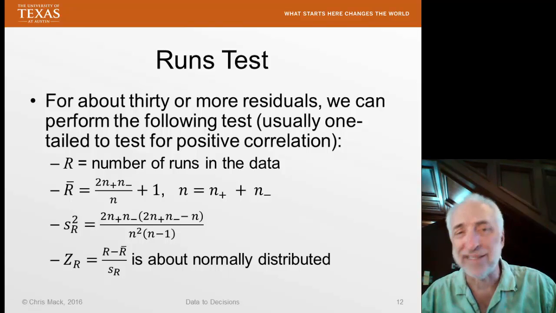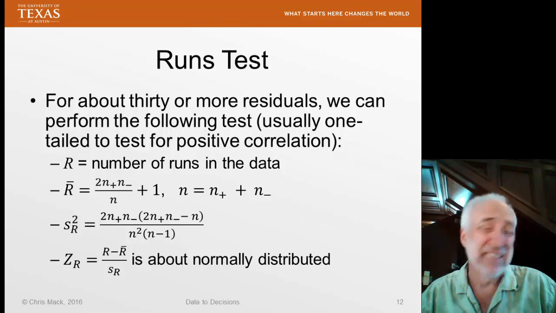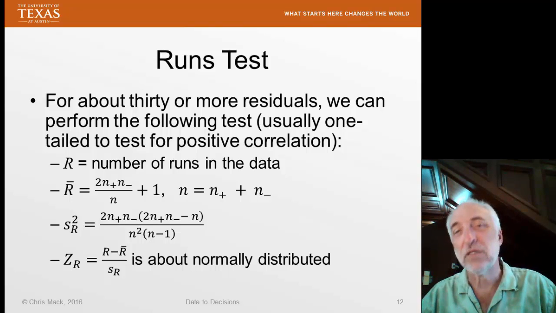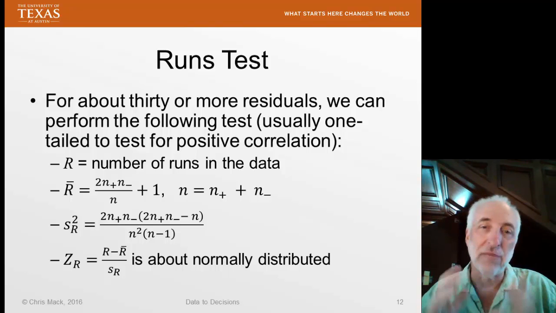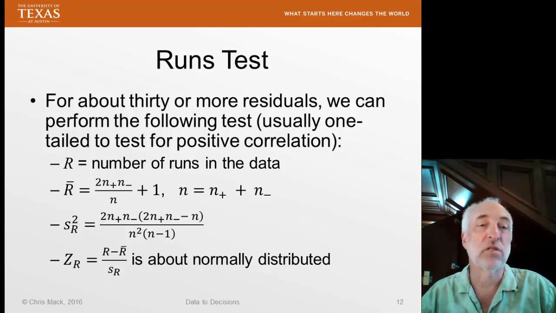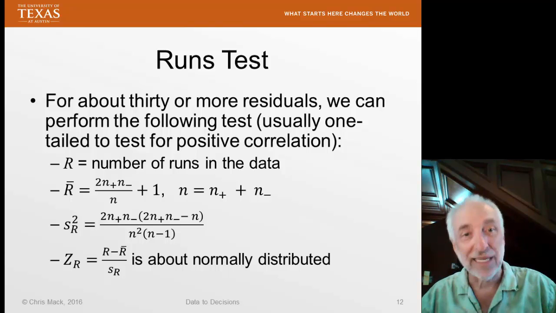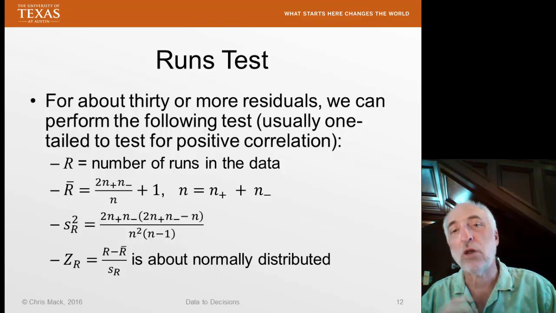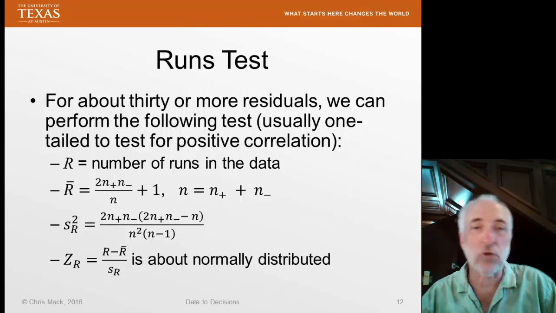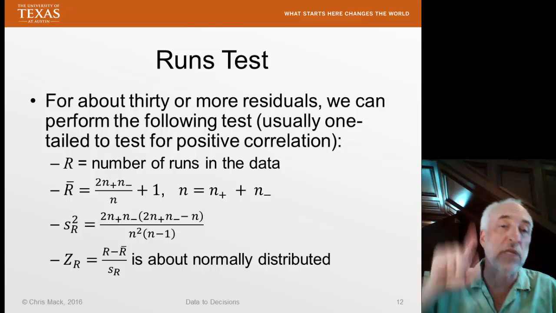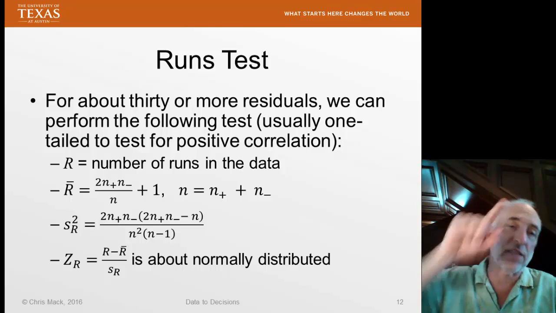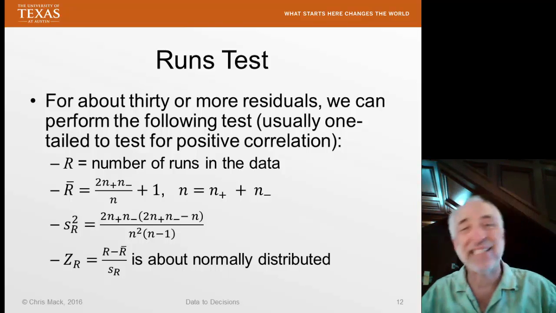We tend to only want to test for positive correlations. Not always, but almost all the time, what we observe in real life, in real data, is positive correlations. It's hard to find negative correlation. A negative correlation means it bounces too frequently from plus to minus. If one's a plus, the next one's minus, etc. That doesn't happen very often. It can, but hardly ever.